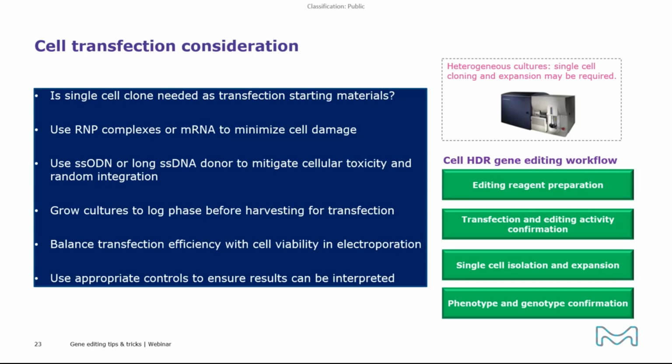Grow the culture to log phase before harvesting for transfection, and select a transfection method that can balance transfection efficiency with cell viability, and again, use appropriate transfection controls.